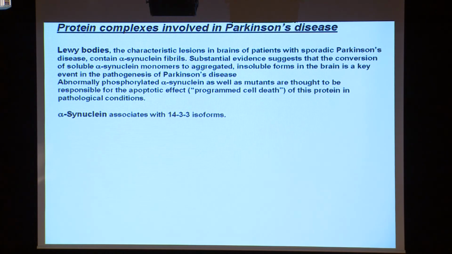A lot of work from other groups, not from us, has shown that abnormally phosphorylated alpha-synuclein, as well as some of its mutants, are thought to be responsible for this apoptosis, or programmed cell death, in pathological conditions. This occurs mainly in the dopaminergic neurons in the brain in Parkinson's disease, leading to loss of dopamine and dopaminergic neurons and onset of Parkinson's.